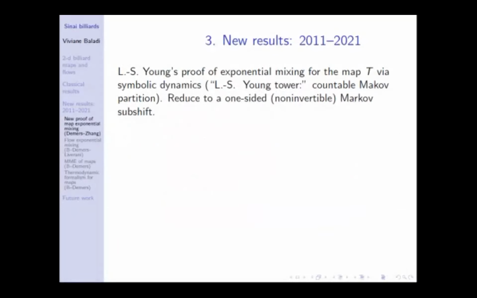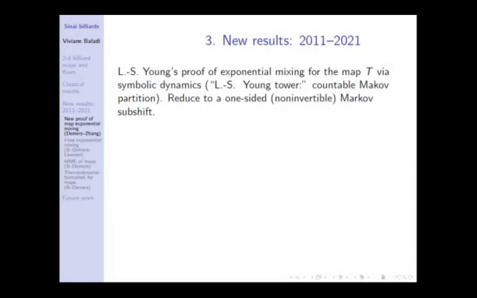So all the results I mentioned up to now, so the proof of Young about the exponential mixing for the map, or these results which I just mentioned about stretched exponential and super polynomial for the flow, they use some kind of symbolic dynamics. Symbolic dynamics means that you define some kind of Markov partition, which actually cannot be finite, it has to be countable.